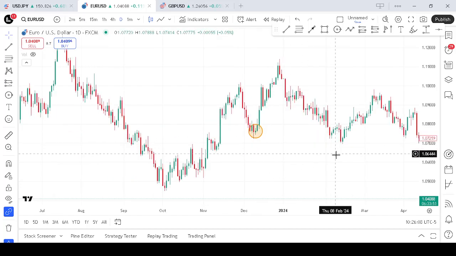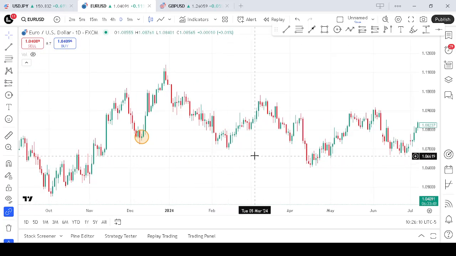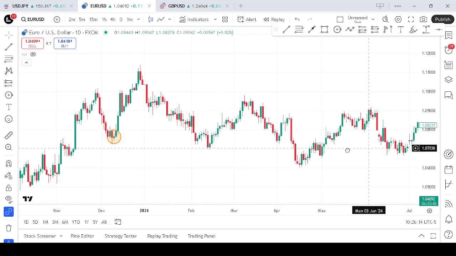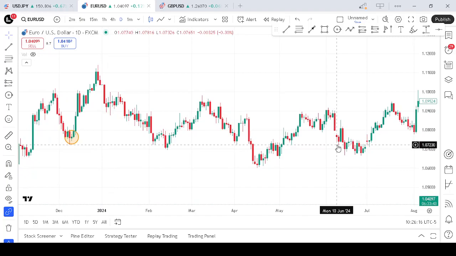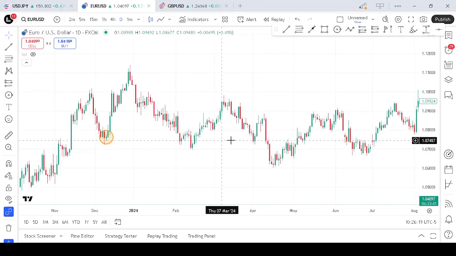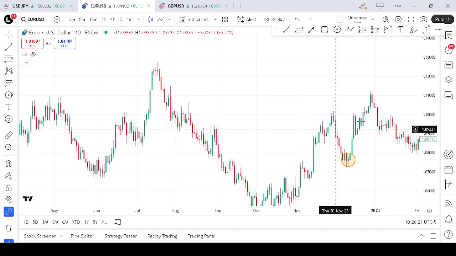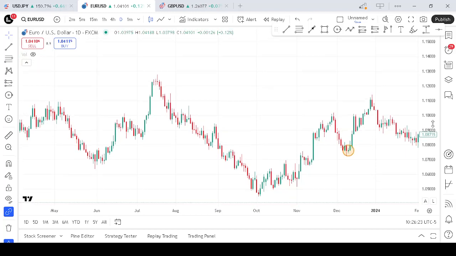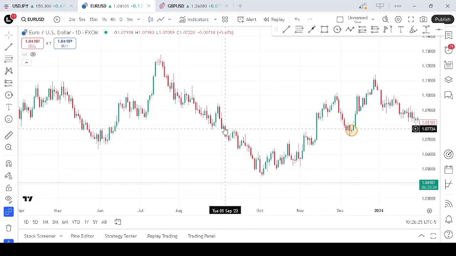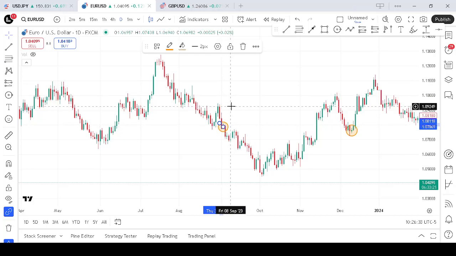The second one we can talk about is the bearish outside day candle. Let me look for an example of the bearish outside day candle. This is an example of the bearish outside day candle, where the previous day's candle is smaller than the current day's candle.